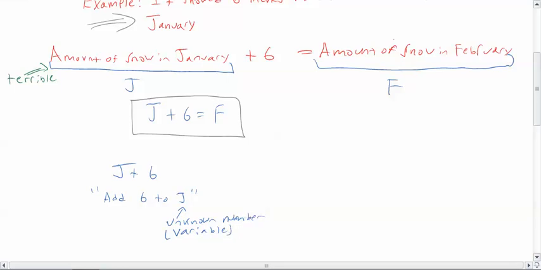Another example could be 6 times x. Here, x is our variable, and this just says multiply 6 times x.